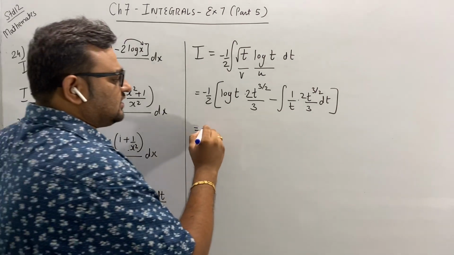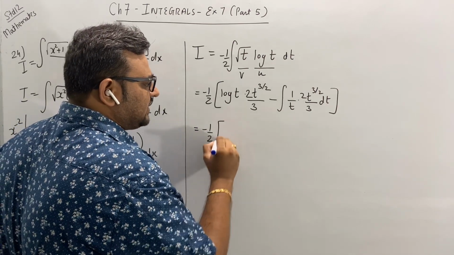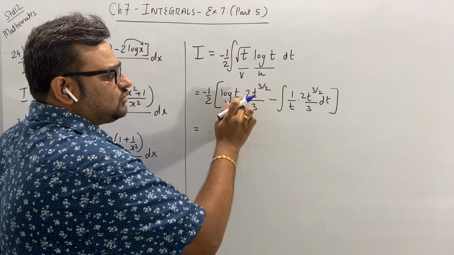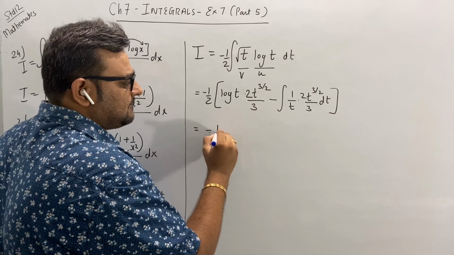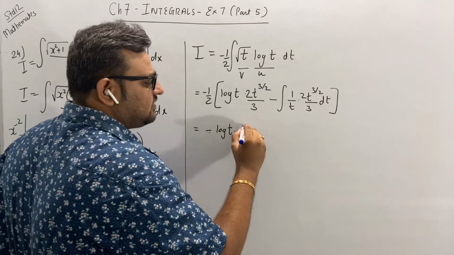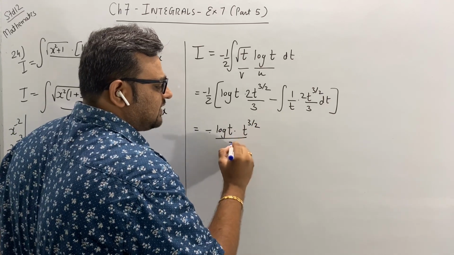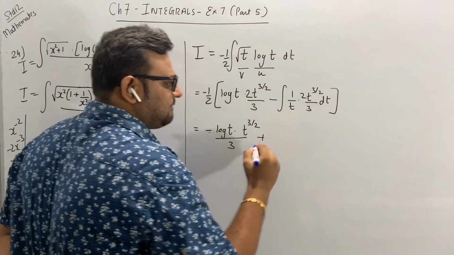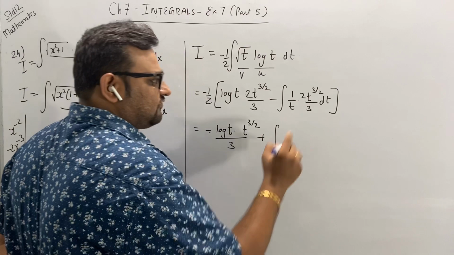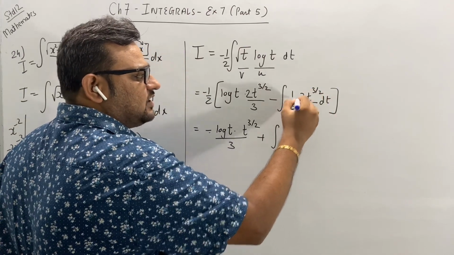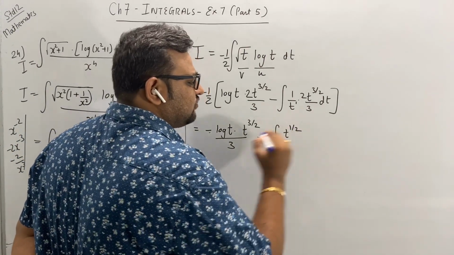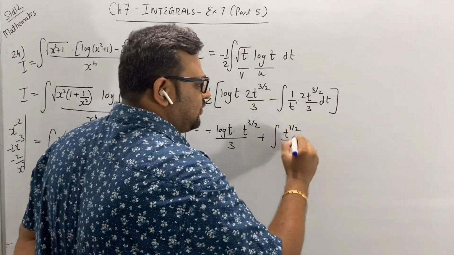Okay, so now solving further, minus 1 by 2, and let's multiply it. So minus 1 by 2 into 2, 2 gets cancelled. Minus log t into t raised to 3 by 2 by 3. Minus minus plus, 2 and 2 will get cancelled. Integration of t raised to 3 by 2 minus 1, so it will be t raised to 1 by 2 upon 3.